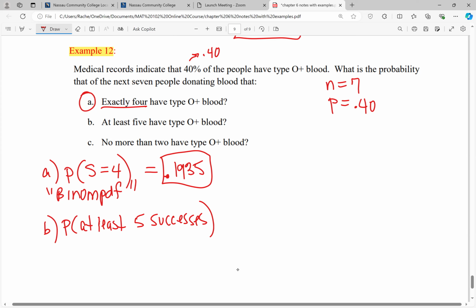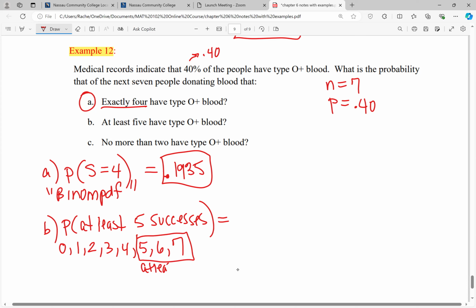So we could think of this similar to the example that we did above with the multiple choice question. At least 5 means 5, 6, or 7, right? Because either 0 people out of the 7 are going to have O positive, 1, 2, 3, 4, 5, 6, or 7, right? There's my 7 trials. At least 5 includes 5, 6, and 7.